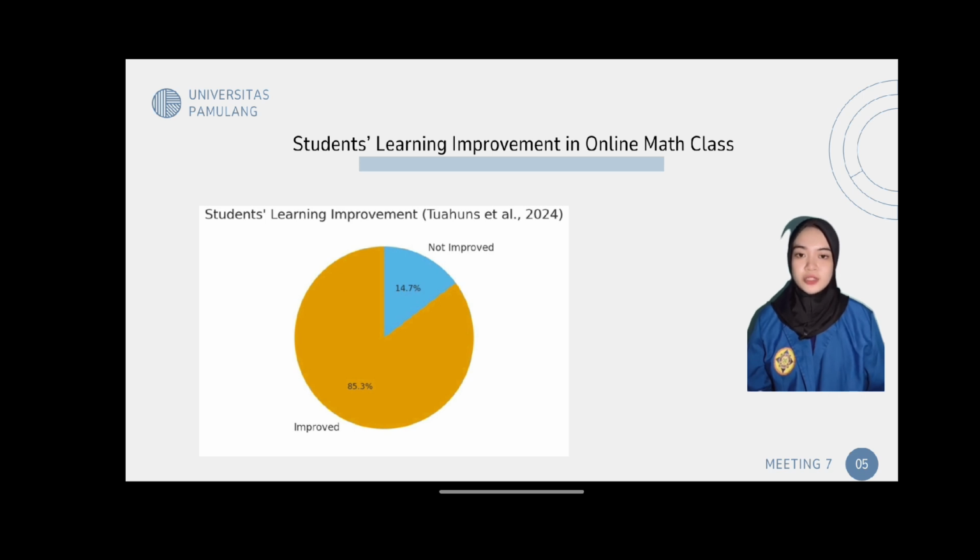This showed that most students were able to learn effectively through online methods, probably because they could access materials repeatedly and study at their own pace. So, in this case, online learning had a clear positive impact on student performance.